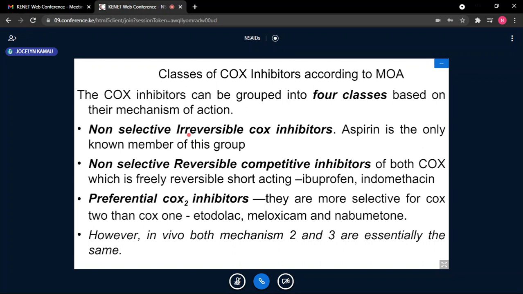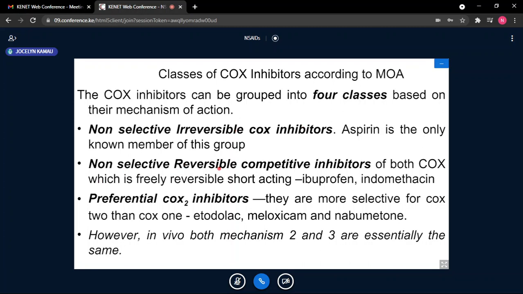Irreversible means they bind permanently. And once they bind the COX enzyme, they will destroy it until more is regenerated. An example of that is aspirin, the only known member of this group. And that is why all of us know aspirin has a lot of toxicity, especially GIT irritation. It is an irreversible COX inhibitor.